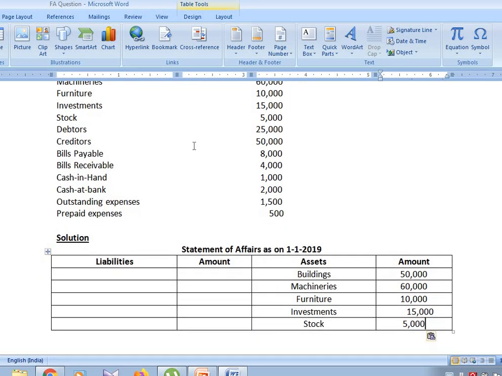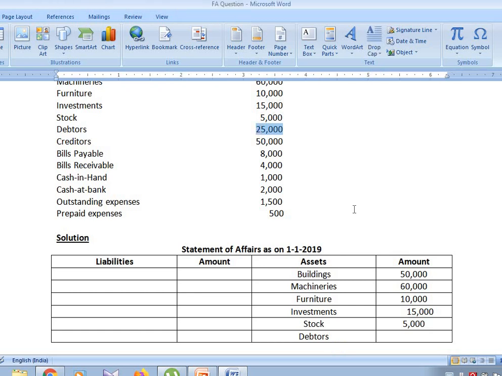Next, after stock, what do we have? Debtors. Where do we record debtors? Debtors are to be recorded to the debit side. The debtors amount is 25,000.